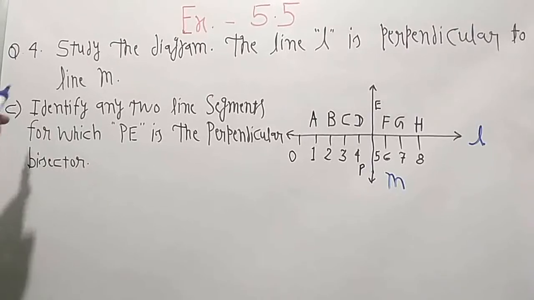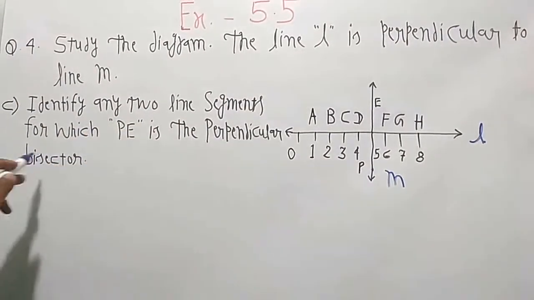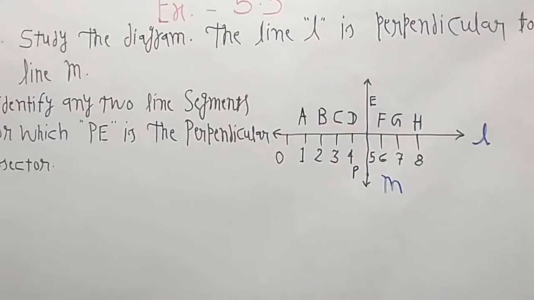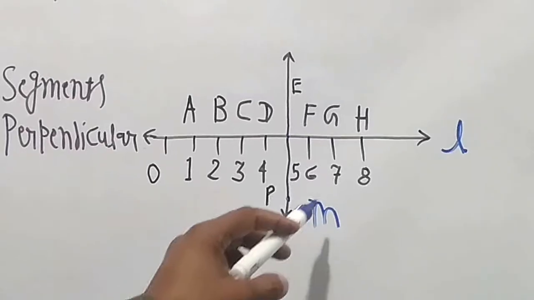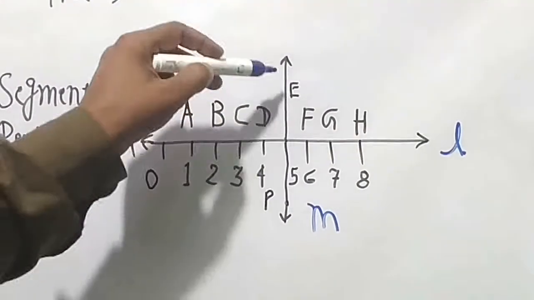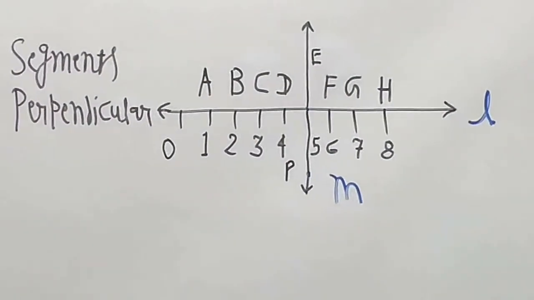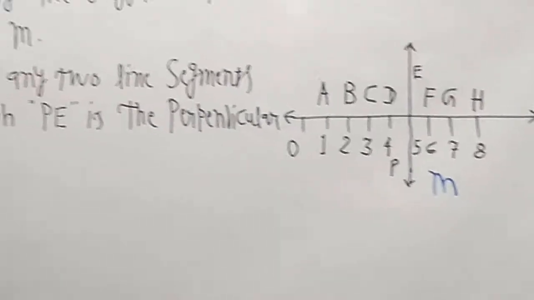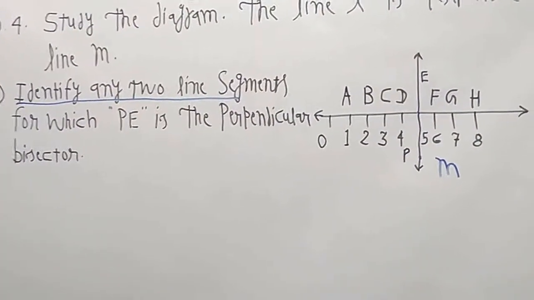Now the part C, identify any two line segments for which PE is the perpendicular bisector. As we already proved, this is our line L, this is our line M, and this is PE. PE is the perpendicular on line L. Now we identify any two line segments for which PE is the perpendicular bisector.